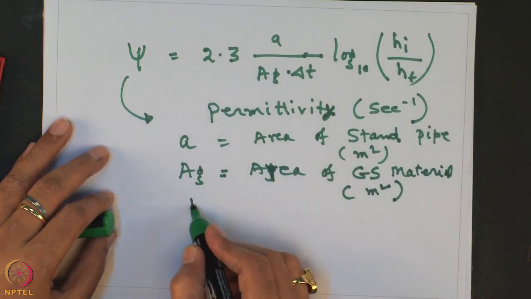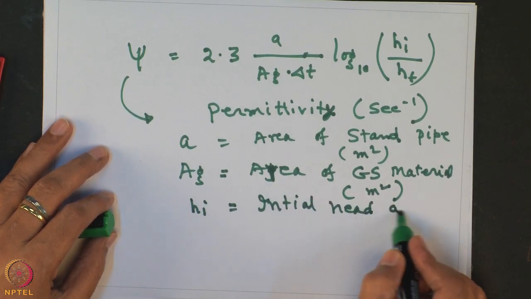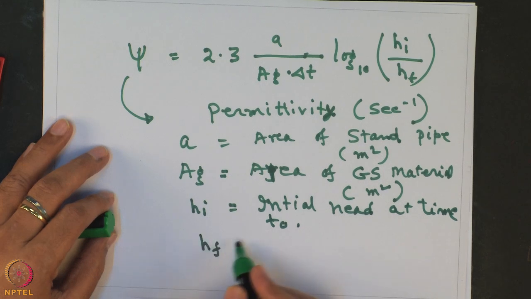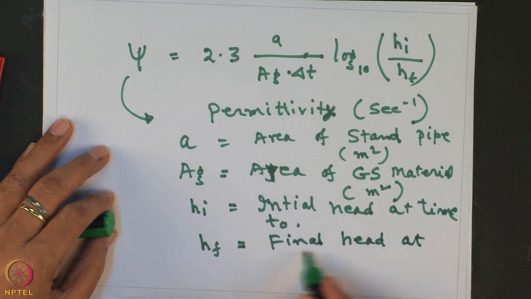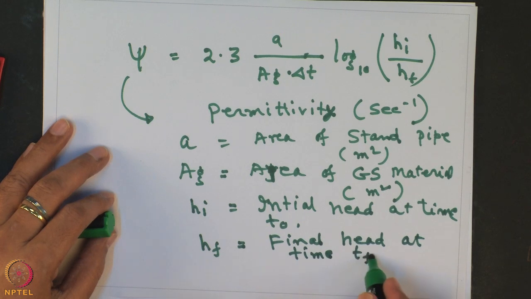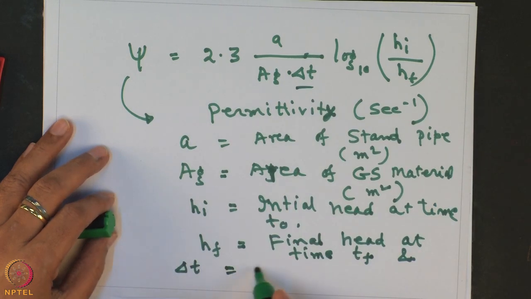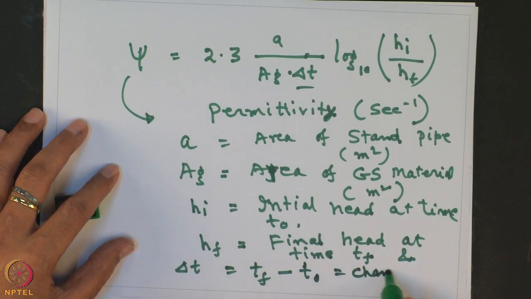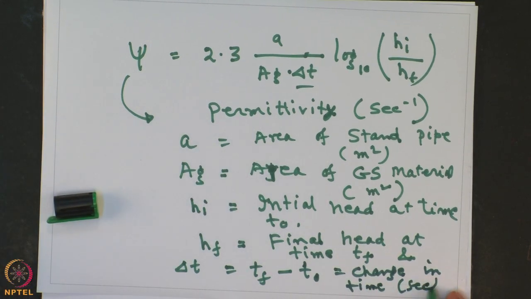Hi is the initial head at time t0, and Hf is the final head at time tf, and delta t is the change in time between tf and t0, which is in seconds.